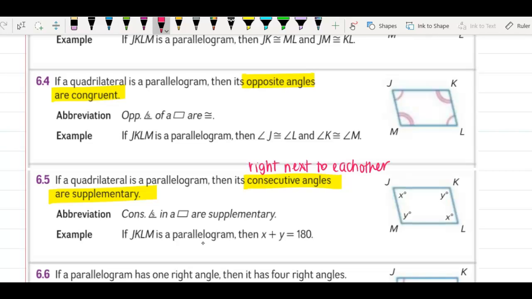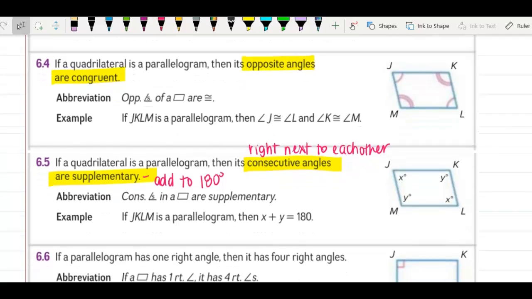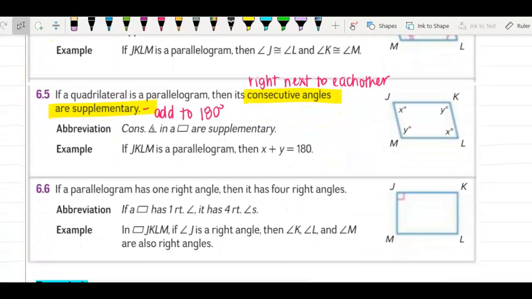So this would be like J and M, M and L, L and K, K and J. And remember, supplementary means add to 180 degrees. If a parallelogram has one right angle, then all the angles are right. So one right angle, all 4 angles are the same. This would create either a rectangle or a square for you.